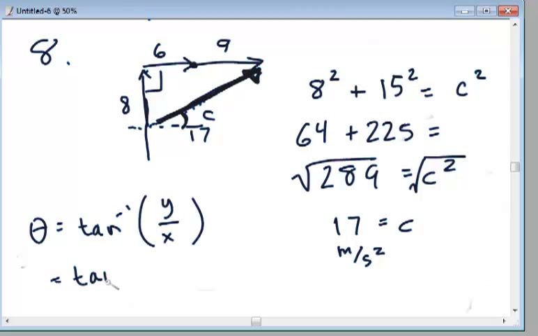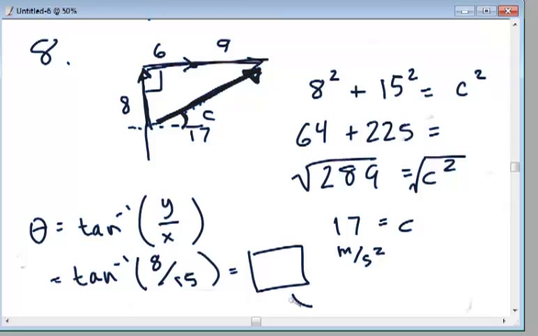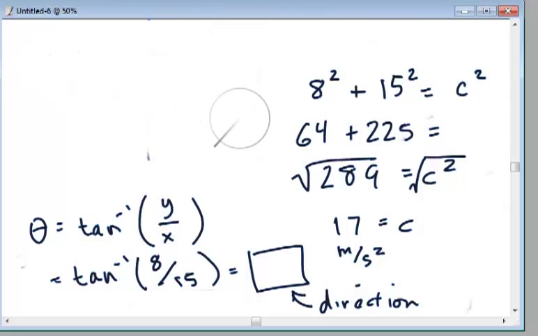So that's the inverse tangent of the y part, which is positive 8, going in the positive y direction. And the x part is positive 15. And if you inverse tangent that with your calculator in degree mode, you should get the direction of this vector. That's question number 8.